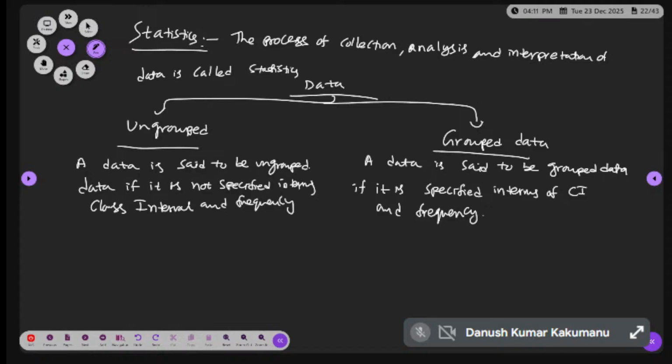Ungrouped data means it is not specified in terms of class interval and frequency; grouped data means it is specified in terms of class interval and frequency.